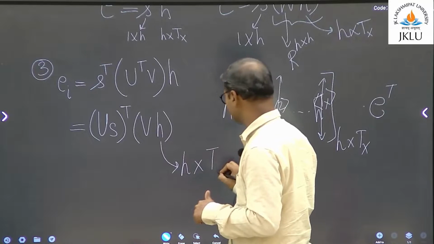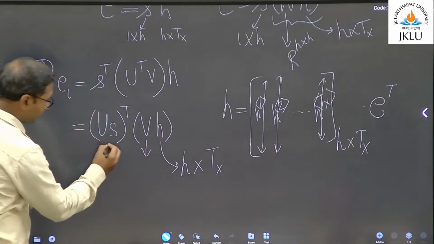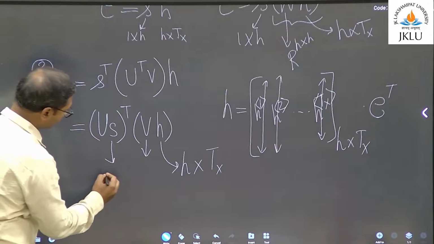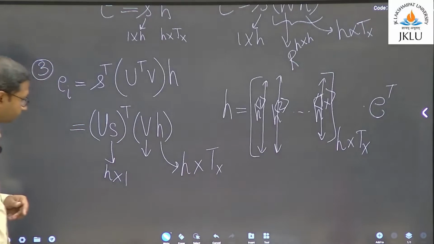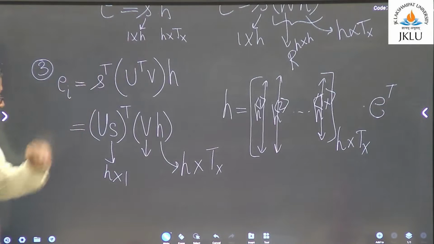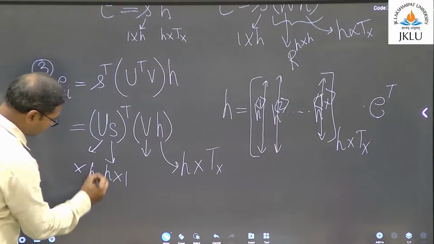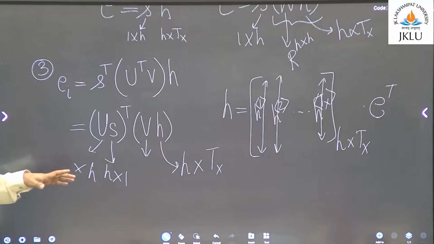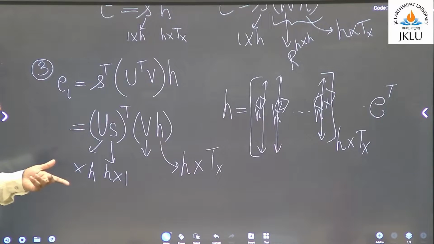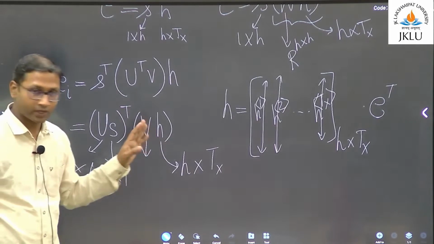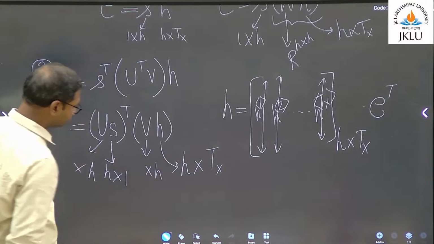Okay. H cross Tx. This becomes whatever, but this is H cross 1 because the transpose is outside. Now what should this guy be? This guy should have the second thing as H. Okay. So the second thing as H, and the first dimension you can, no, but V will fix it. Okay. So what is V? For V we need to have H here.